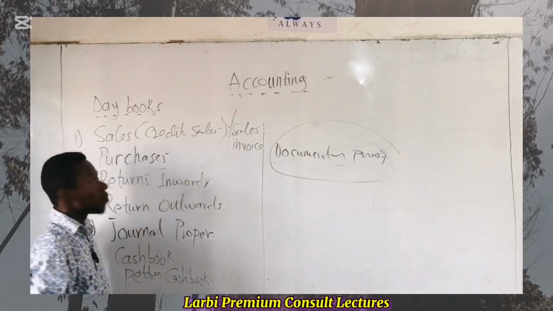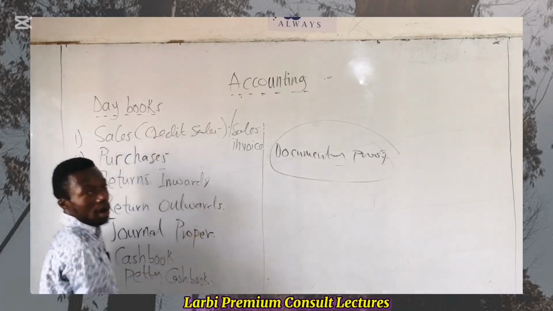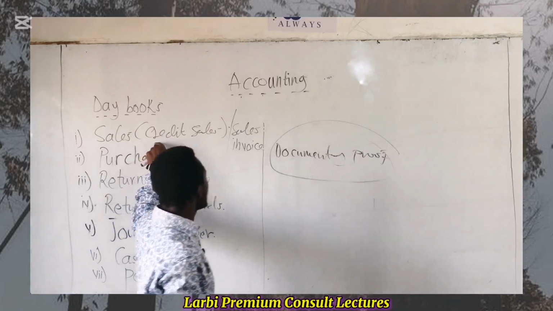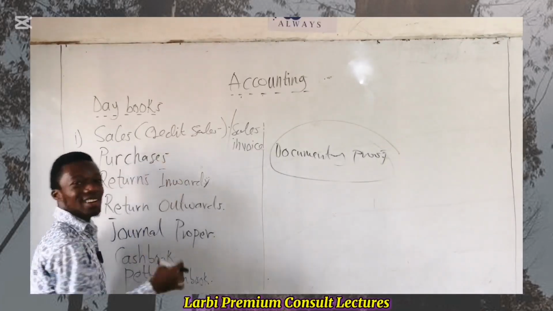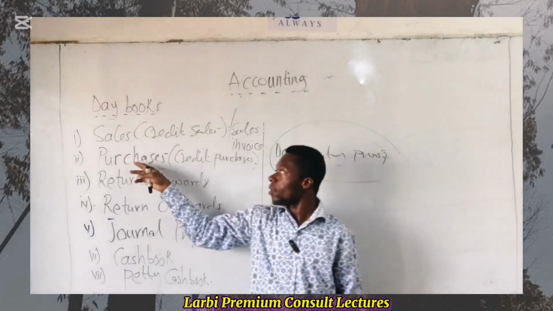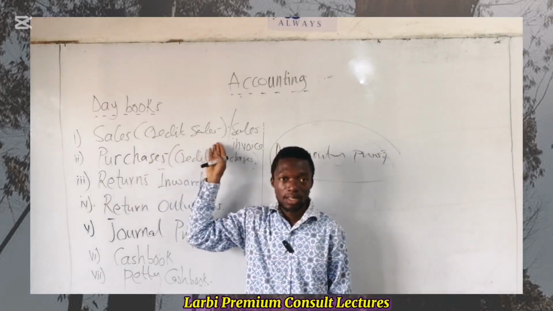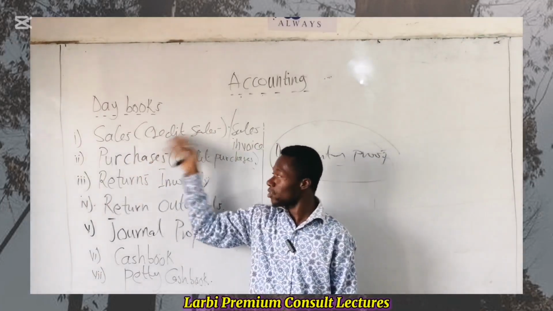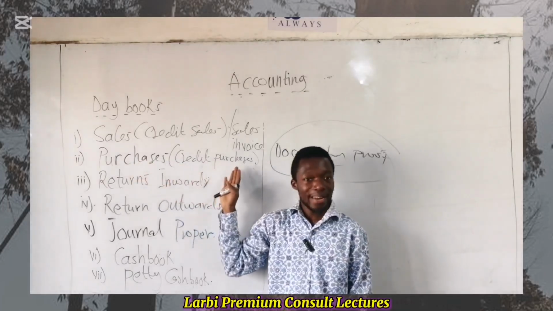When it comes to the purchases day book, it is the opposite of the sales day book. Whilst the sales day book records credit sales, the purchases day book will record credit purchases.